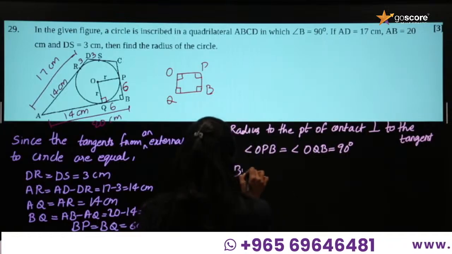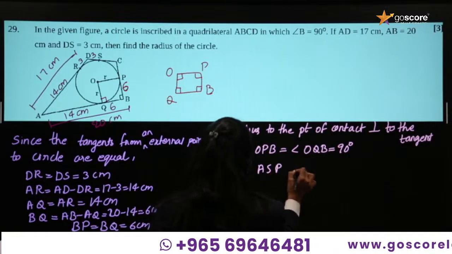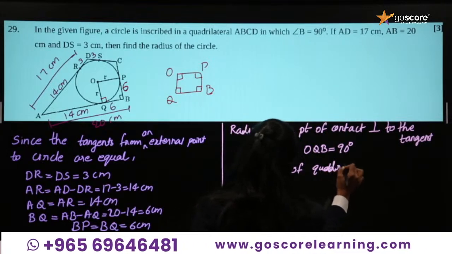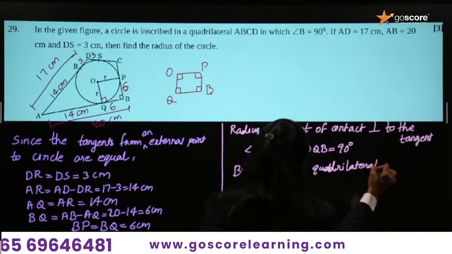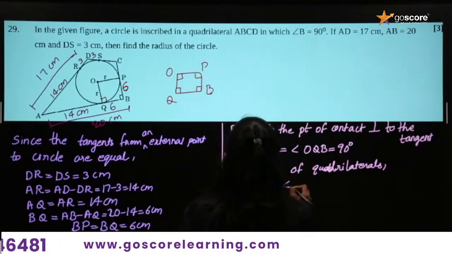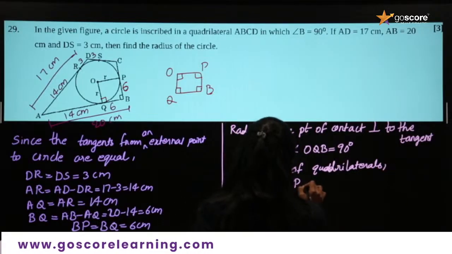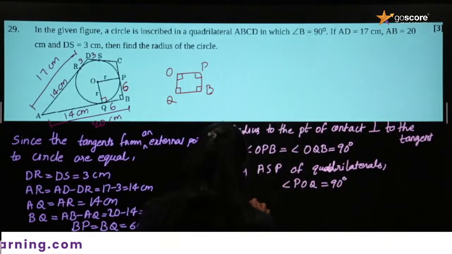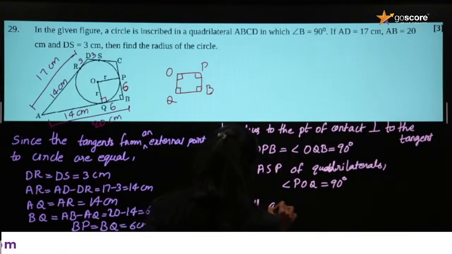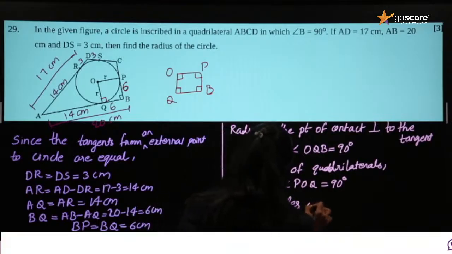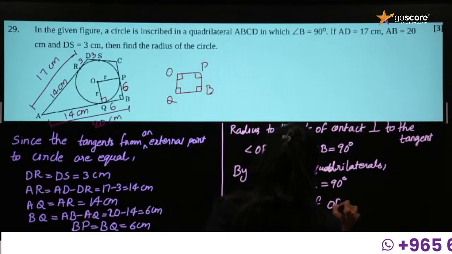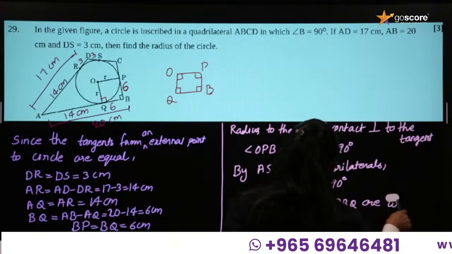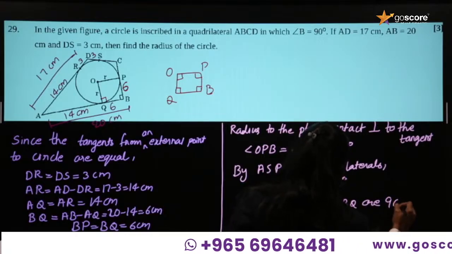Then by angle sum property of quadrilaterals, we will get angle POQ is also 90 degree. Therefore, all angles of OPBQ are 90 degree.